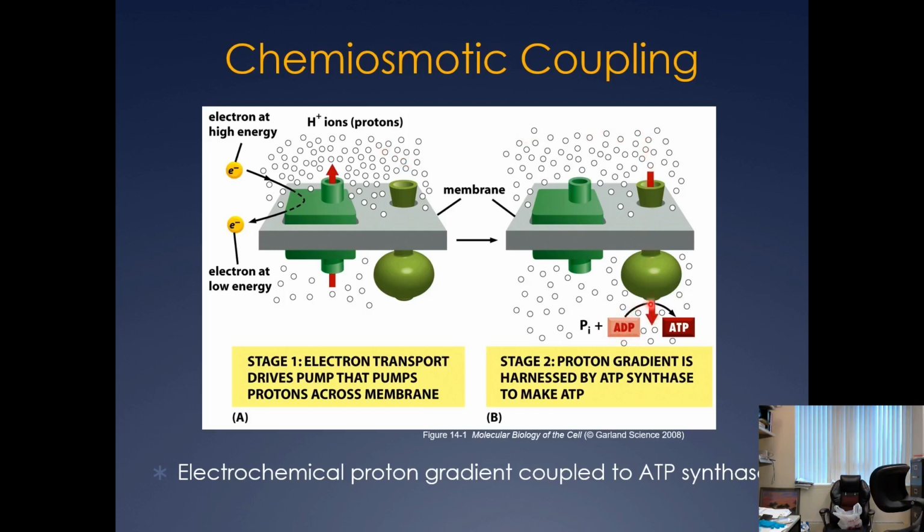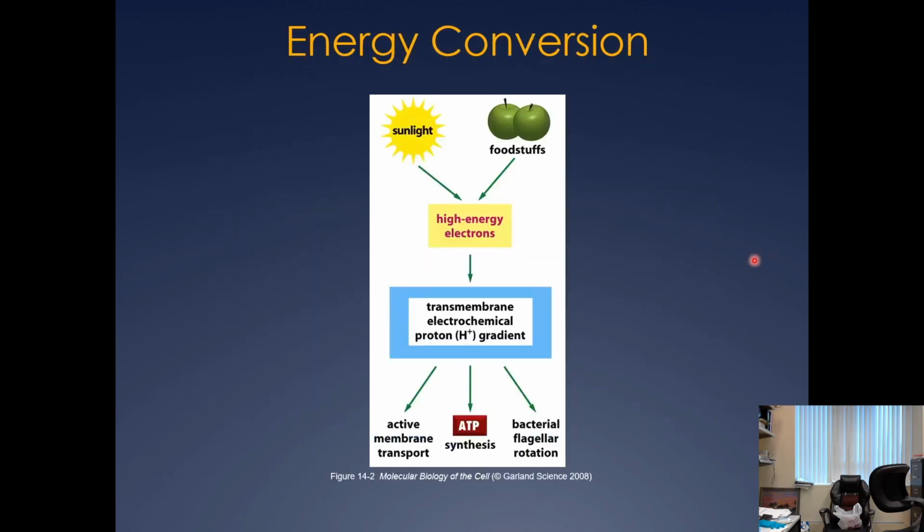and that converts ADP into ATP with some inorganic phosphate. So this electrochemical proton gradient is how we basically synthesize ATP. And we're going to look at how this all functions in pretty great detail. But in its most simple form, you can take sunlight or foodstuffs and get high energy electrons out of that.